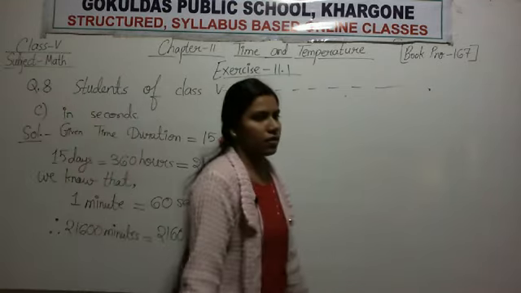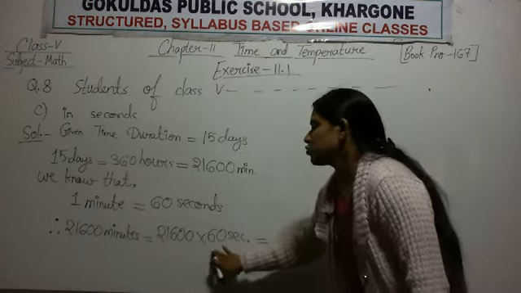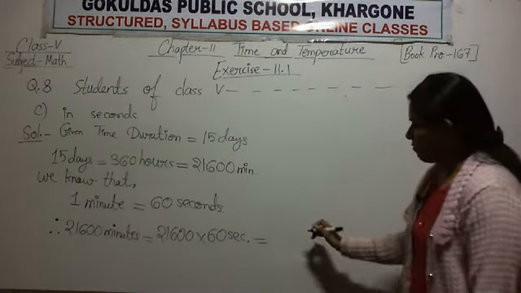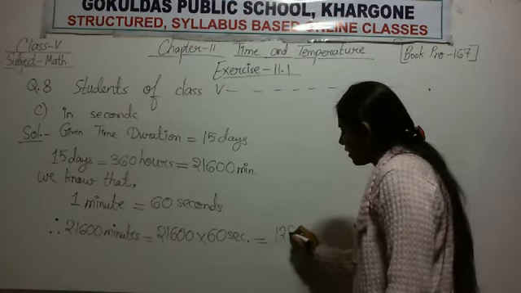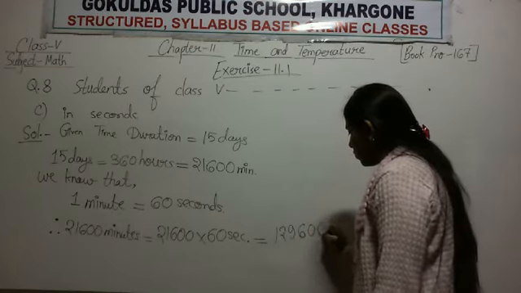So when we multiply these two numbers, my result is 1296000.